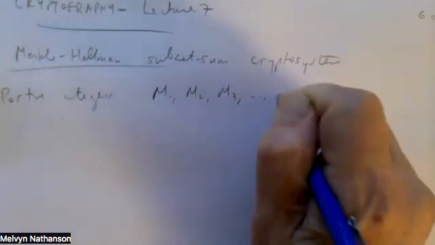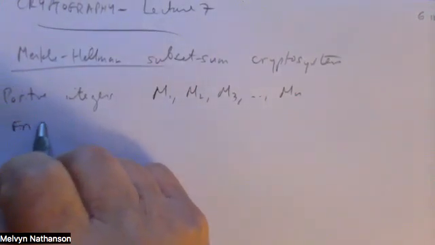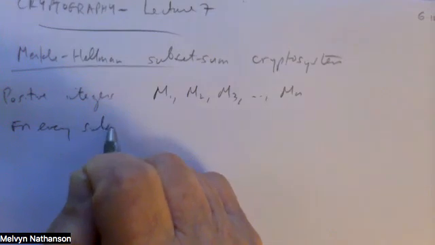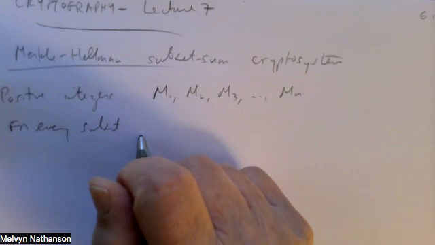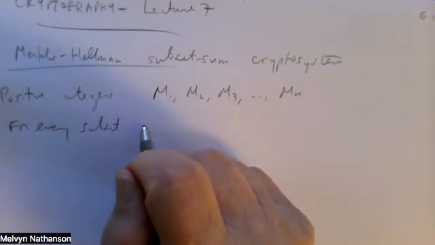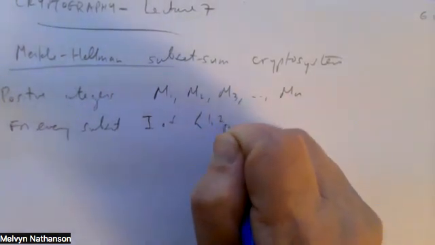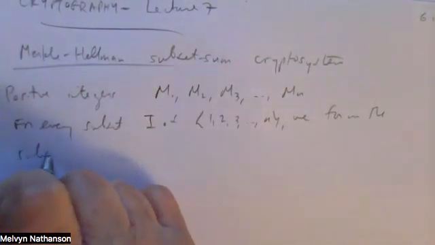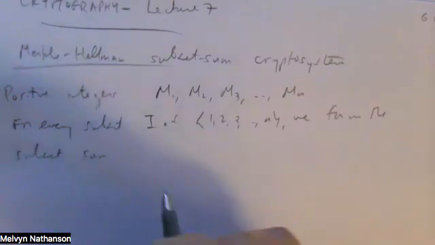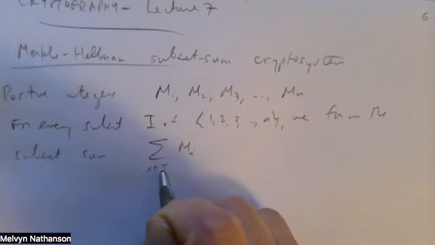There's some ordered set of integers, and for every subset I of the set of numbers from 1, 2, 3 up to n, we form the subset sum, summation m sub i, for all the i's in I.